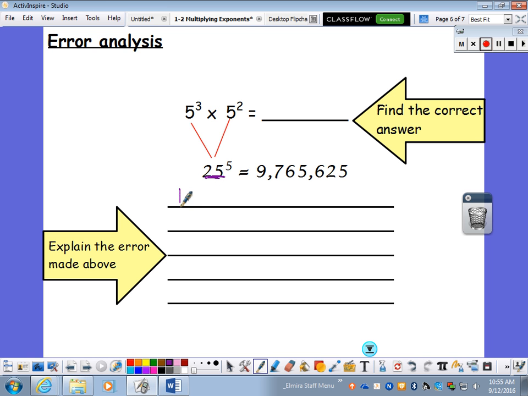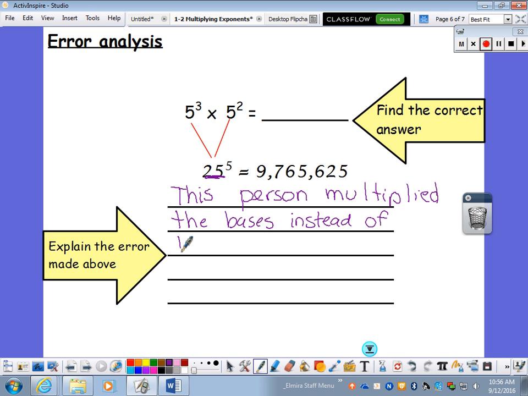Okay. This person multiplied the bases instead of keeping them the same.